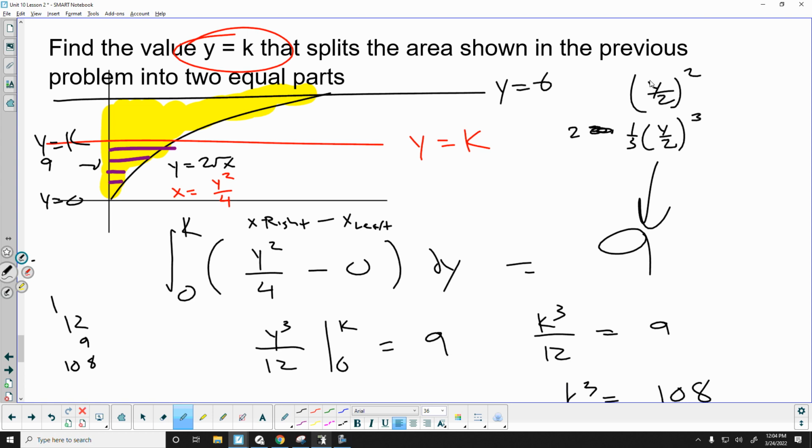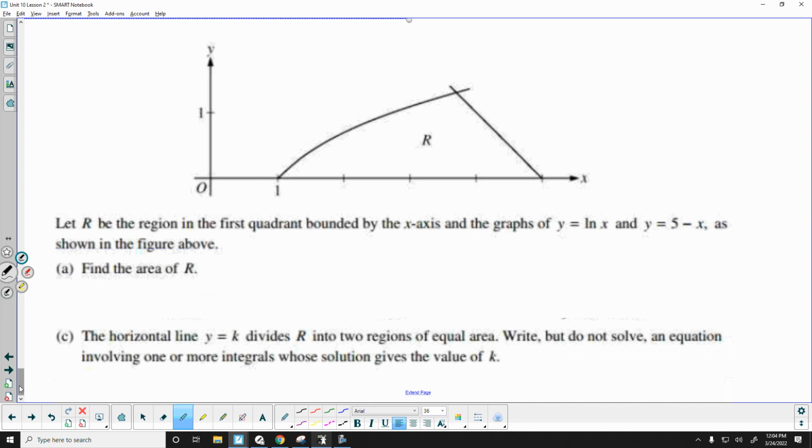So then if you cube this, you get y cubed over 8, but then times the 3 in the bottom, which is 24, but then you need a 2 over here. So, like I said, simplify before taking the antiderivative. So like 1/4 is a constant times y squared, and then y cubed.